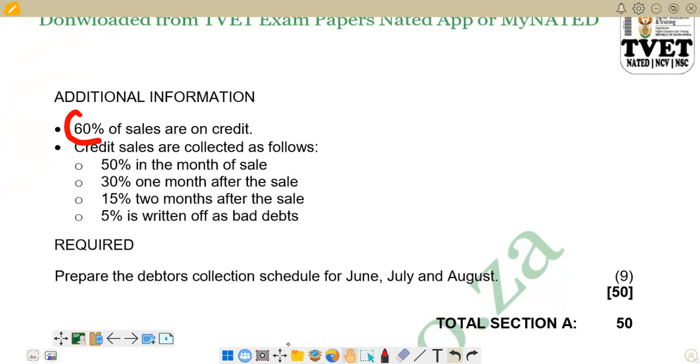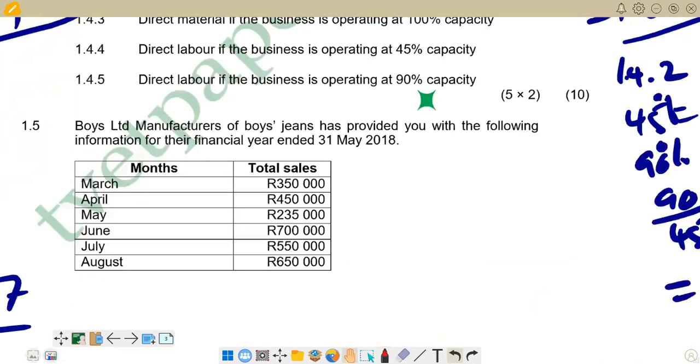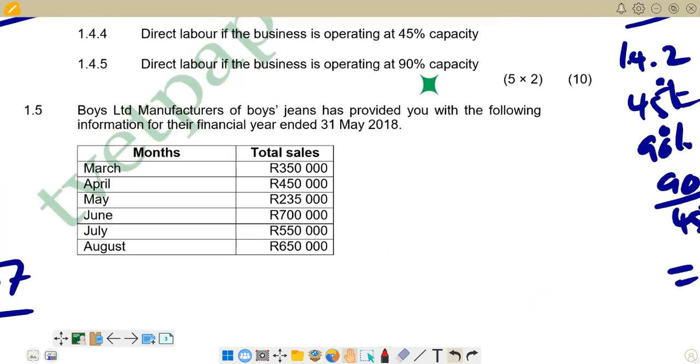So the first task is to calculate the credit sales. We now know it's 60%, so we say 350,000 multiplied by 0.6, because 60% as a decimal becomes 0.6.